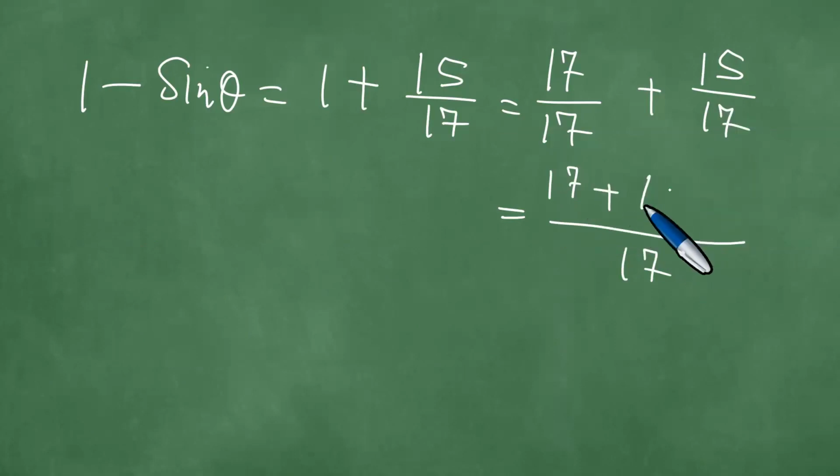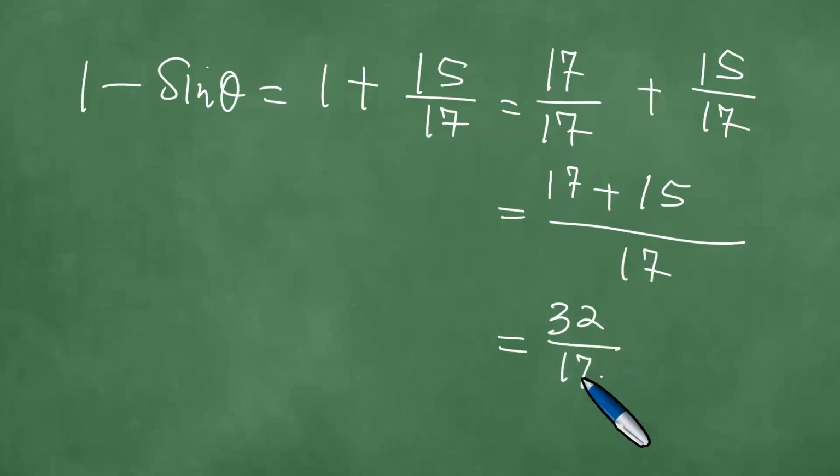Also a 15. What is 17 plus 15? It is 32 over 17, which means that 1 minus the sine of theta is 32 over 17.